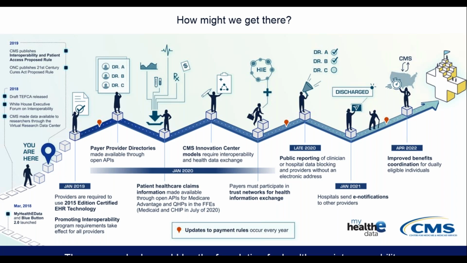The first proposal we have here for this group is patients' access to their health information via API. In this proposal, we are proposing a requirement for these health plans and payers to make patient claims, encounter, and lab test data, if available, available to patients through a FHIR-based API.